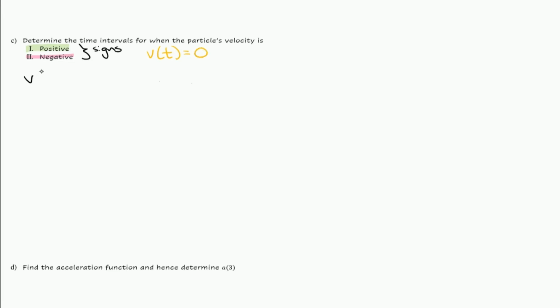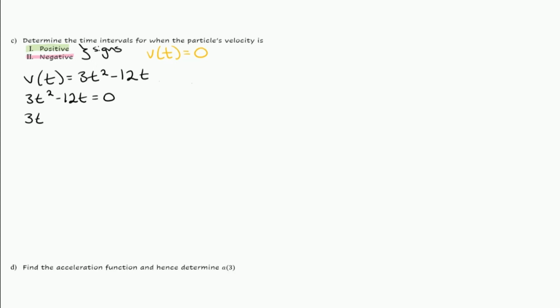So grabbing up my velocity function, this was 3t squared, take away 12t, and I want this to be equal to 0. So 3t squared, take 12t equal to 0. And I'm going to take out a factor of 3t from here.